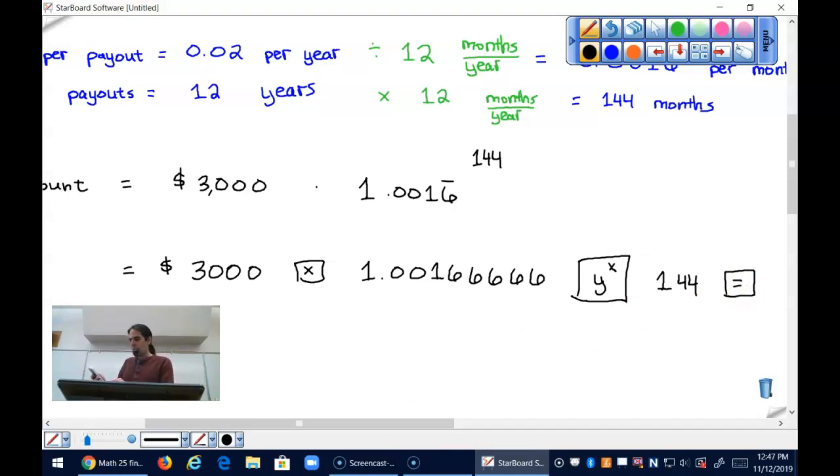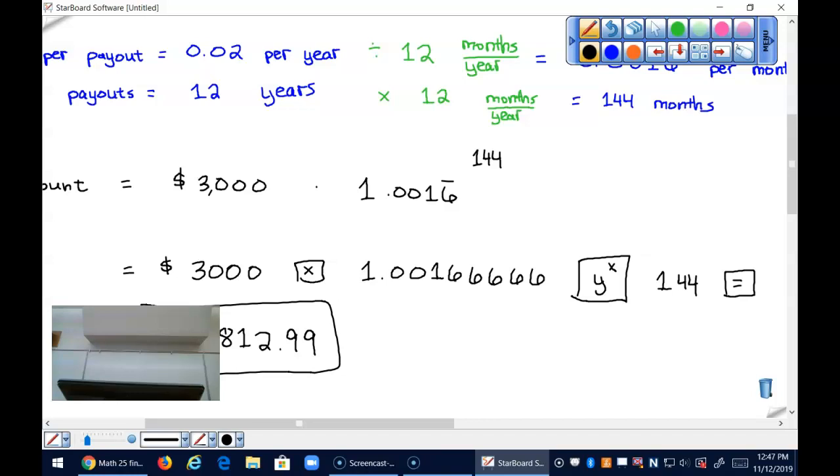And then I'll come around the room. I got $3,812.99. Did I hit all my buttons right?